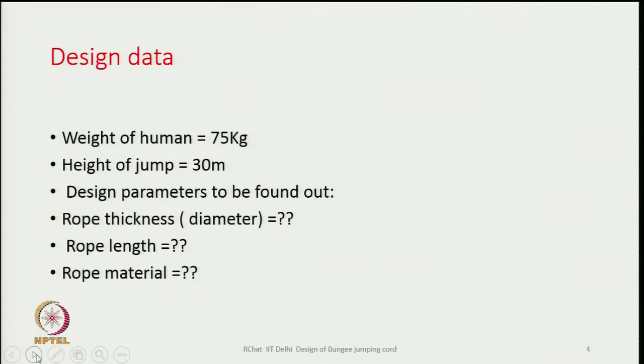So, if we look at the design data for this, what is given to us is the weight of the human, or the mass of the human, which is 75 kg. Height of the jump is 30 meter. The jump could be from a cliff or from a bridge on a river, so that there is enough space downwards.